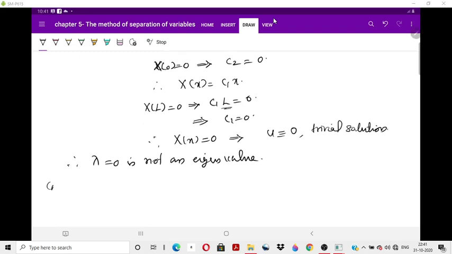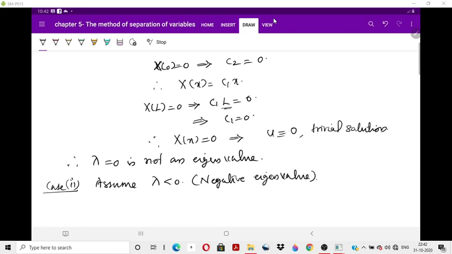Now the second case, case 2: assume that lambda is negative, lambda is less than 0, that is a negative eigenvalue.